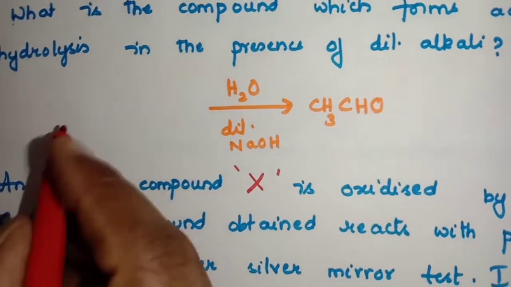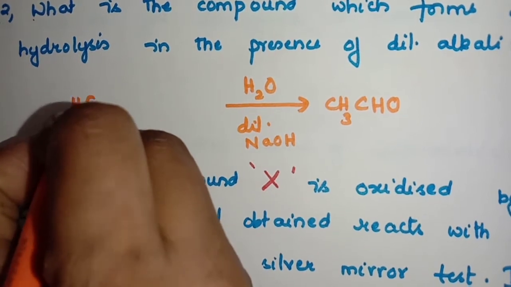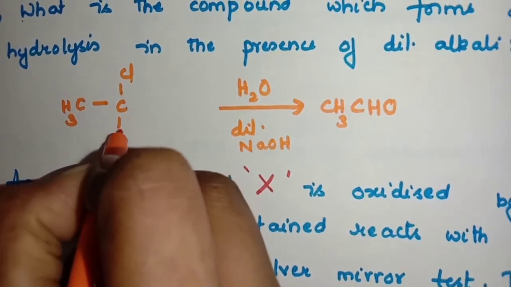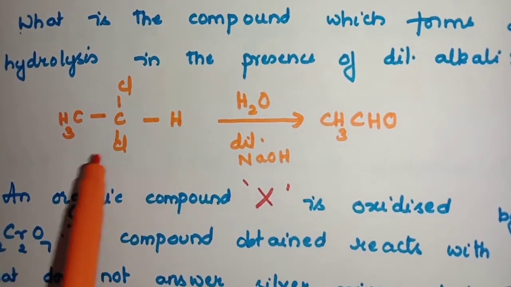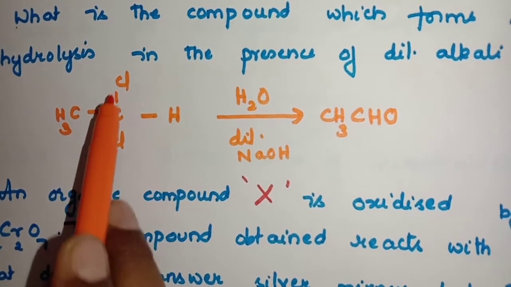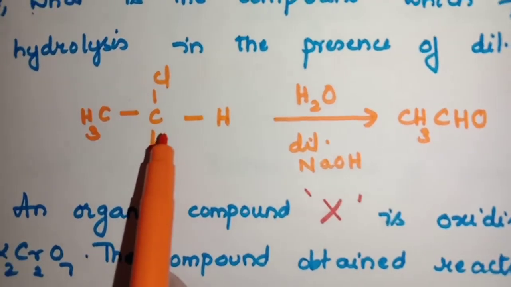The answer is CH3CHCl2. What is this? This is a terminal gem dihalide. The two halogens are on the last carbon.